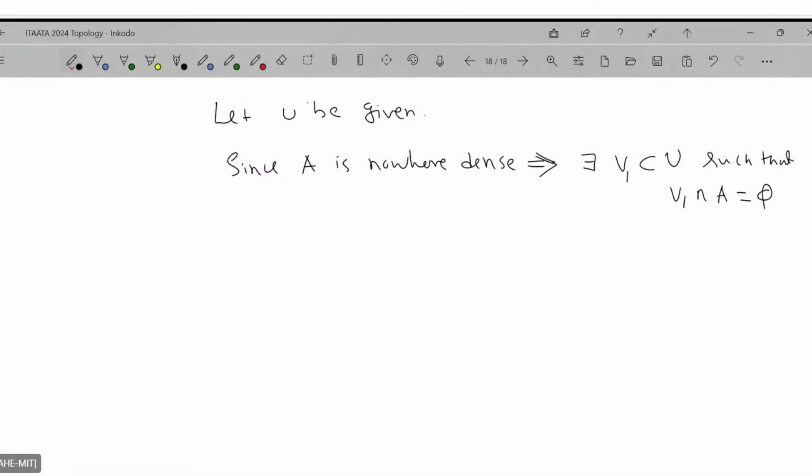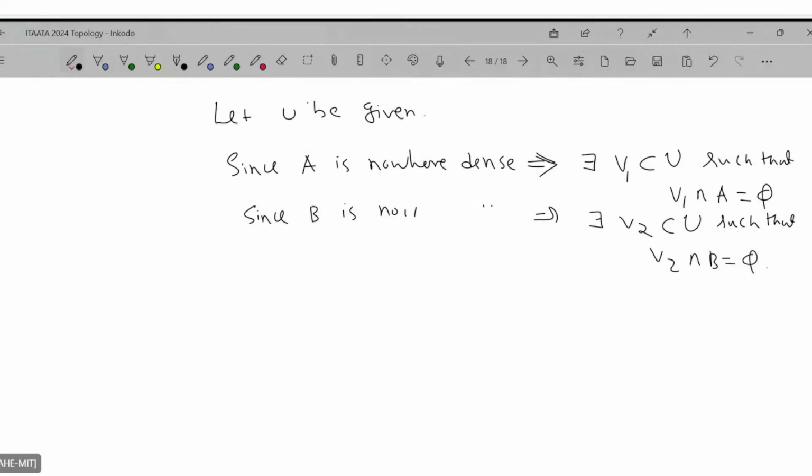Since B is nowhere dense, okay, I'm just writing this, then what will happen? There is V2, a subset of U, such that V2 intersection B will be empty.